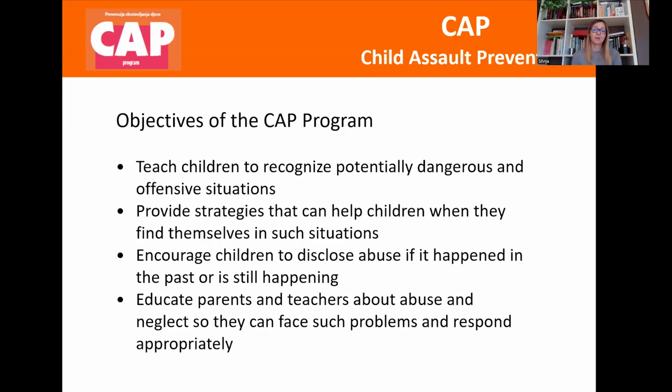We also encourage them to report abuse if it happened in the past, but also if it is still happening now. And we try to educate parents and teachers about abuse and neglect of children so they can face such problems and respond appropriately, to support or report when it is needed.